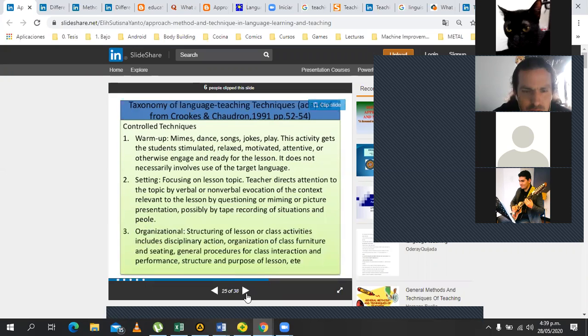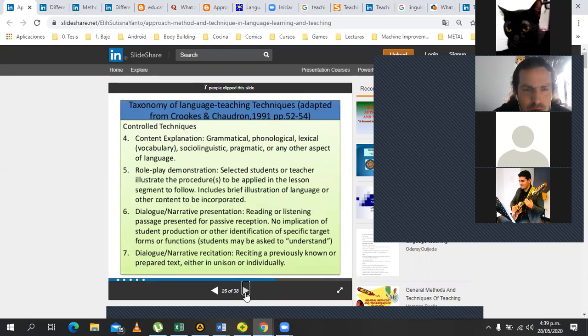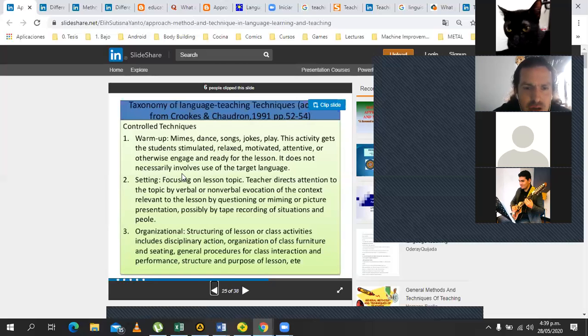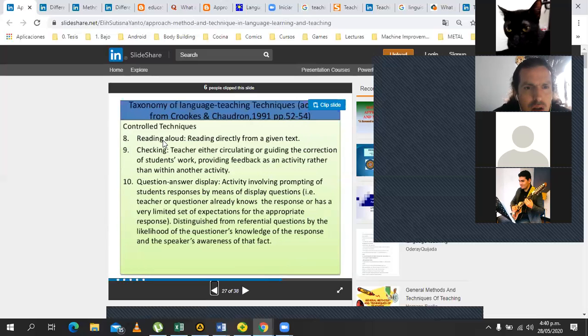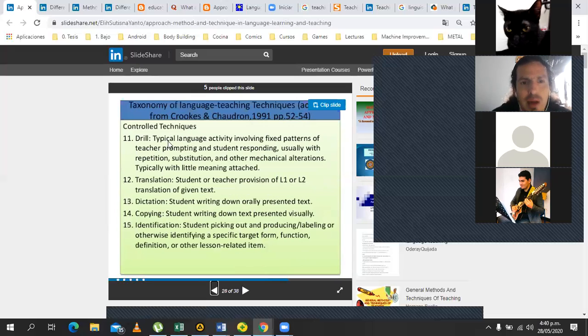Those are the steps, like control techniques here. Here, for example, organizational: the structure of lesson or activities includes disciplinary action, organization of class furniture and seating, general procedures for class interaction and performance structure. No, that's the organization of the class. Here: control, explanation, role play, dialogue, recitation, reading aloud, checking. Drilling, that is going to be related to drill, right?